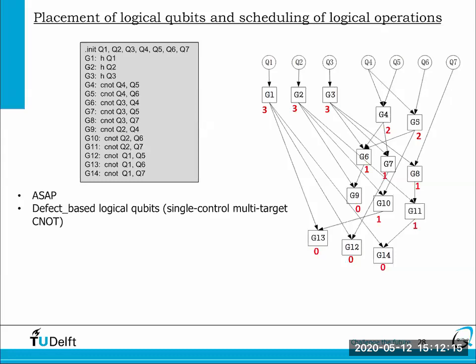Now, assuming that we have encoded our logical qubits using this defect-based approach, and assuming again that by doing that I can do single control multi-target CNOTs, can you please derive the as soon as possible scheduling, based again on the dependency graph on the right? I will give you 3 minutes. Is it clear what you have to do?